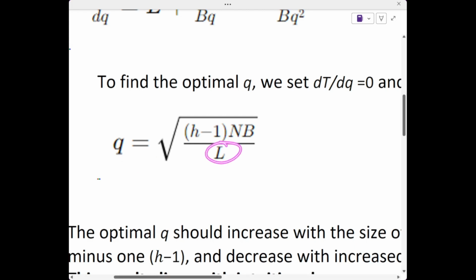If the latency is high, there is no need to split the message into many packets. See where latency appears in the denominator.